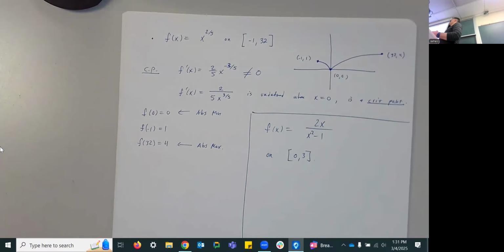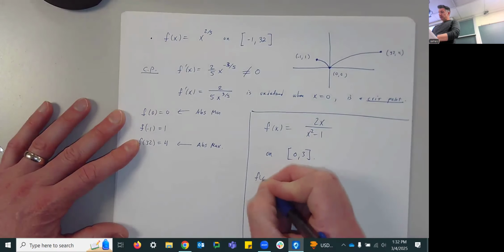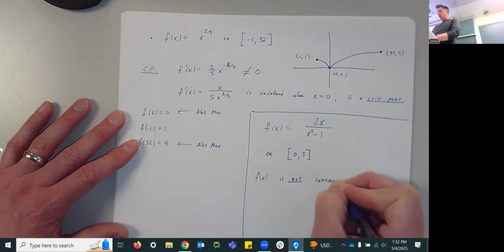It doesn't mean that the function might not attain an absolute maximum or absolute minimum, but the theorem doesn't guarantee it, because this function, f of x, is not continuous on that whole interval.